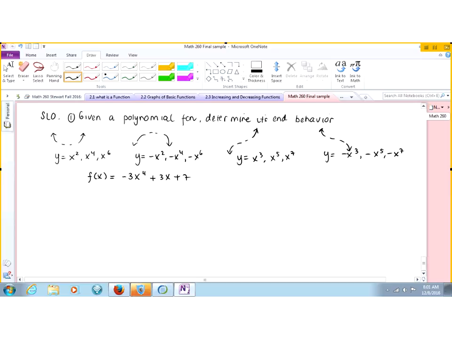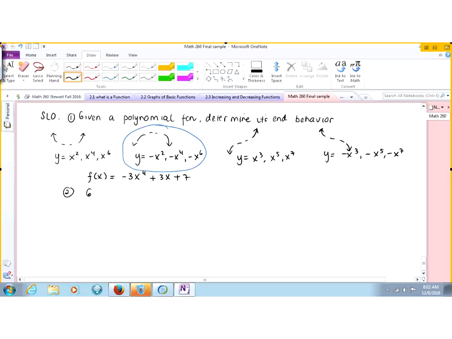The second one? Yes, why? Yes, leading coefficient negative and even power. Got it? So I think that's 2 points on your SLO.